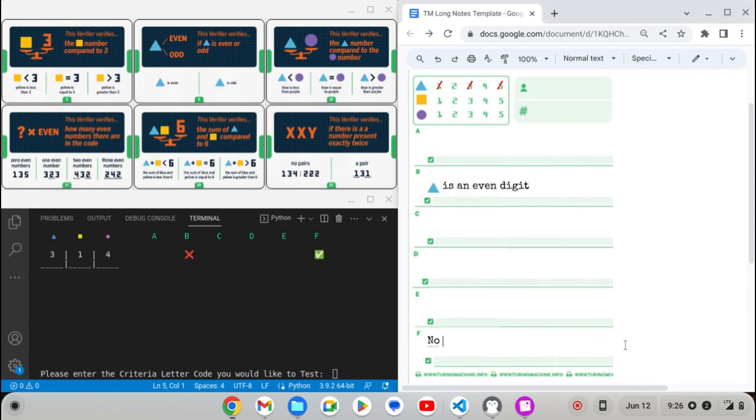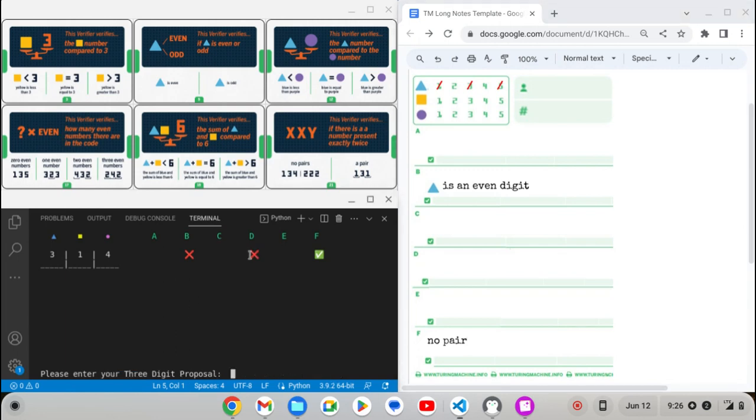So basically no pair, which means they could all be distinct or they could all be the same. Okay, and since we do have at least one even digit, let's figure out if in fact the final solution only has one even or perhaps more. So let's go ahead and test criteria card D.